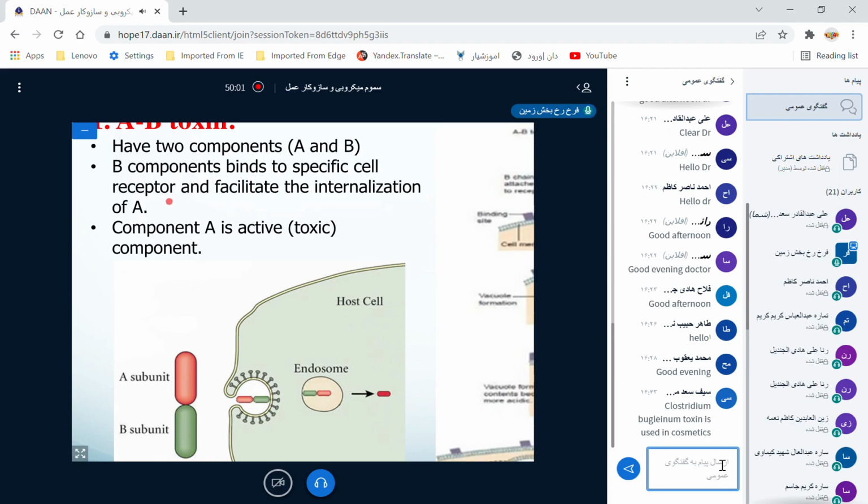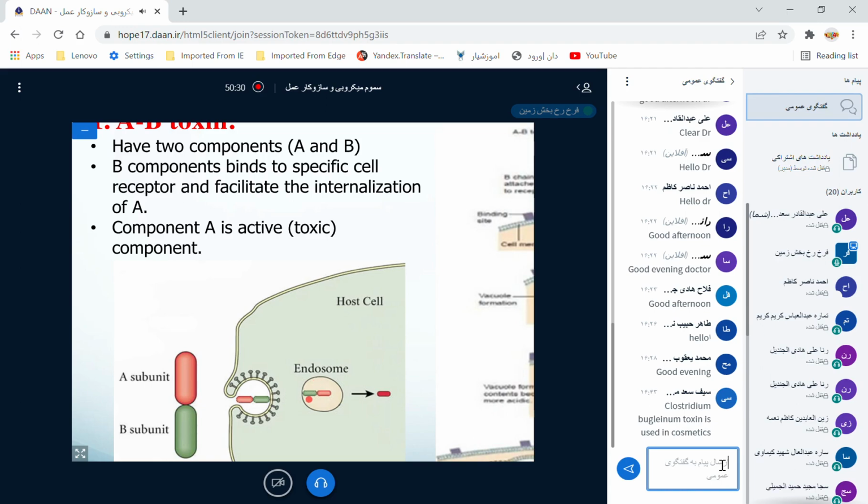After attachment, the B subunit facilitates the internalization of A. So the B subunit attaches and helps the A subunit come inside the cell as an endosome.